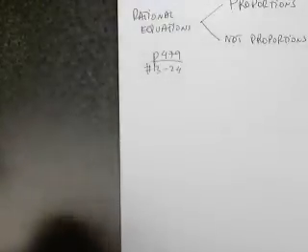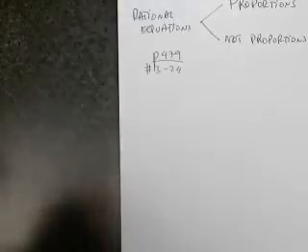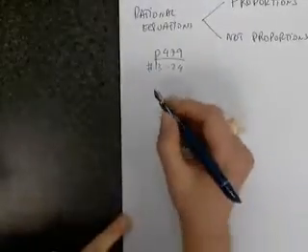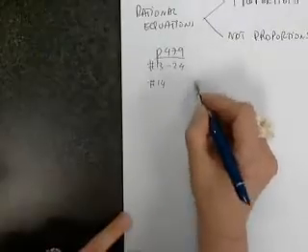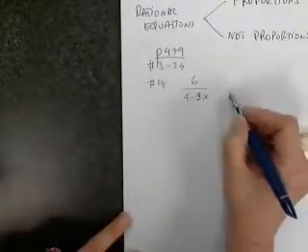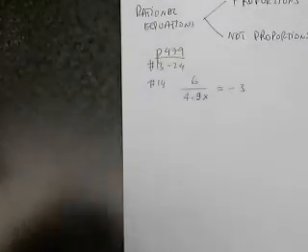No, 16 is not a proportion. It has 3 fractions. No, you don't have a book. 14. 6 divided by 4 minus 3x equals negative 3. This is a proportion.